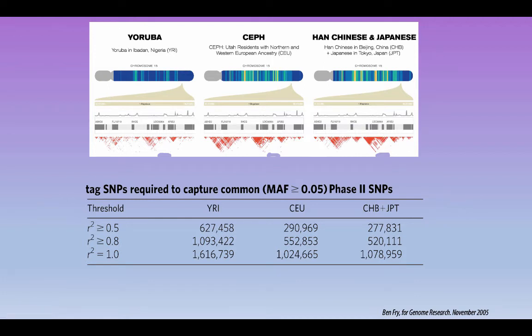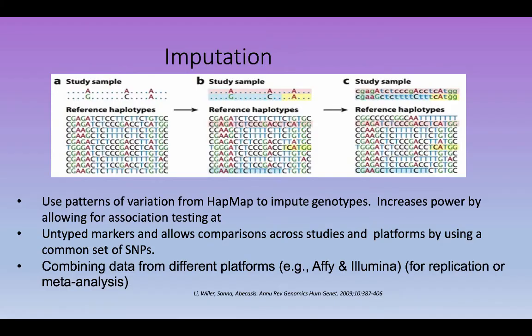And we can identify all the SNPs that are highly correlated with each of these groups, right? So at a 0.8 or 1%, basically every individual would have a specific allele, 1.6 million alleles associated with the Yoruba.